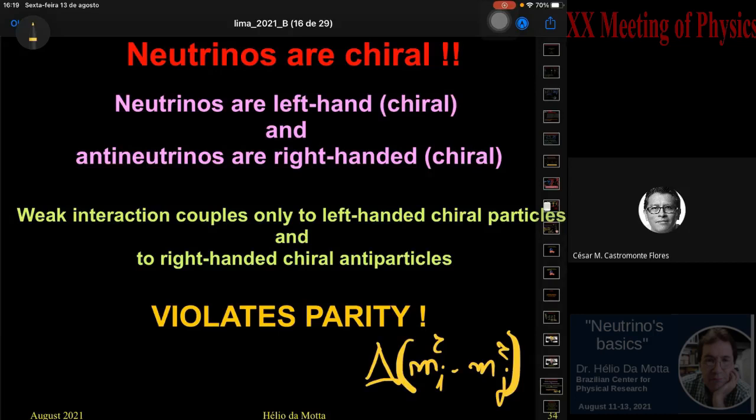But now we know there are three neutrinos: electron, muon, and tau neutrinos. So that expression will be a little bit different, but it shows the difference squared of the masses of the three of them. Then we can calculate that, measure the oscillation probability, and compare the measured probability with the calculated value.